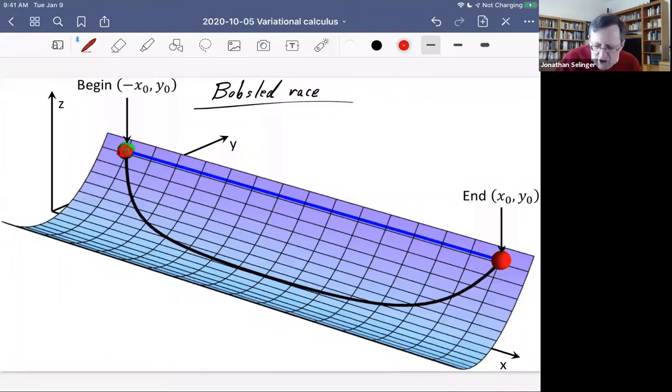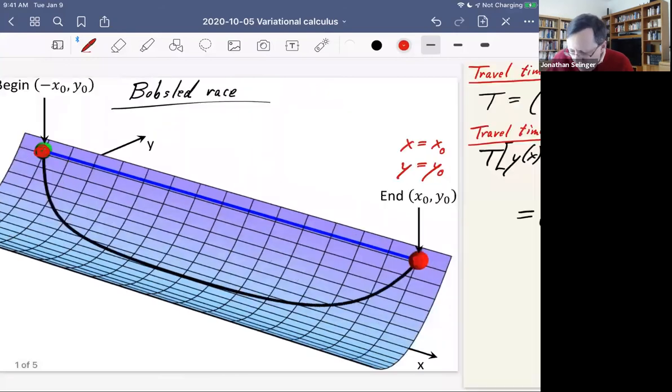The boundaries are at the starting point and the ending point, right? At the starting point, if x is negative x0, then y is y0. And at the ending point, if x is positive x0, then y is y0. So we have to put both of those boundary conditions into the equation.